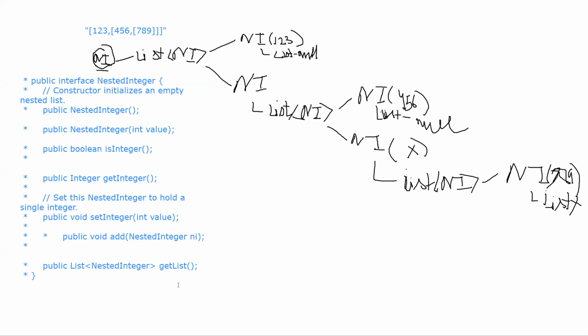If there is no integer, then it will have another list like this, which will have another nested integer, which will have 4, 5, 6, but then it could not have any other list. So this list object would be null there.